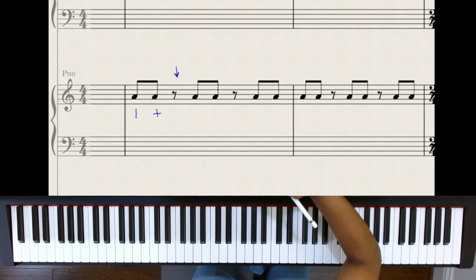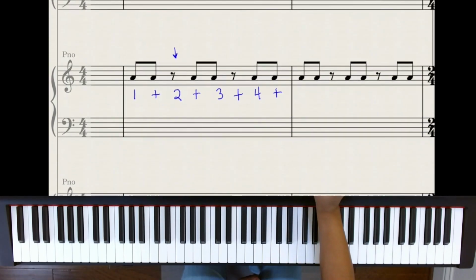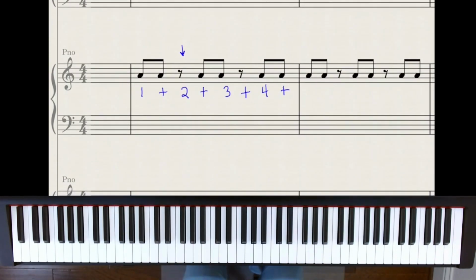This eighth rest is going to be on beat 2 and, 3 and 4 and. Okay? So this pattern: 1 and 2 and 3 and 4 and 1 and 2 and 3 and 4 and.